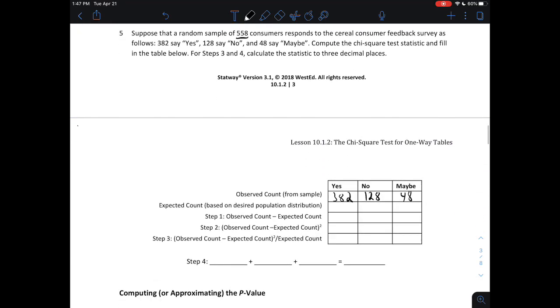So we can do this. Expected yes, that would be the sample size 558 times the percent that we expect for yes, so 0.65 as a proportion. And when you multiply those two numbers, you get 362.7. So that goes in the row for expected count for yes, 362.7.